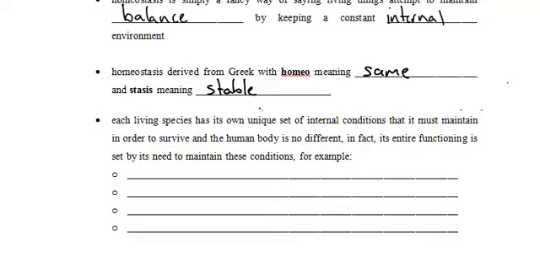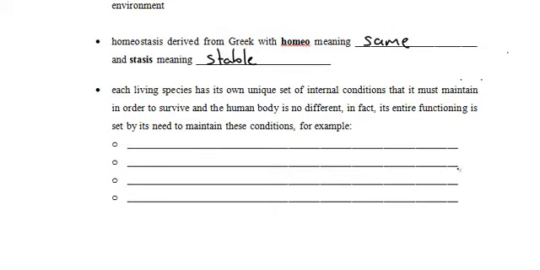So each living species has its own unique set of internal conditions that it must maintain in order to survive. The human body is no different. In fact, its entire functioning is actually set by its need to maintain these conditions. For example, breathing is to maintain O2, CO2 levels.